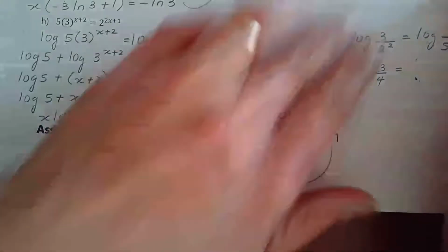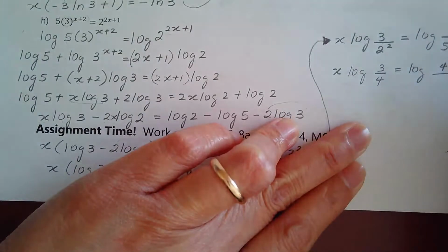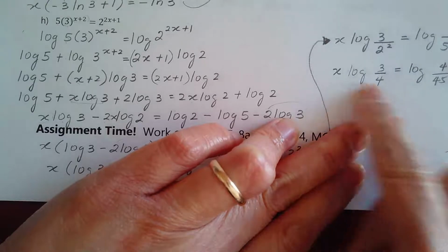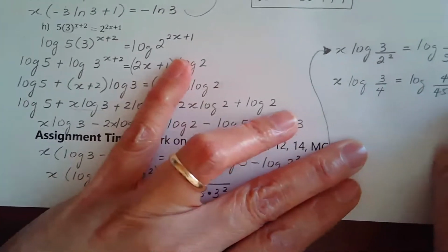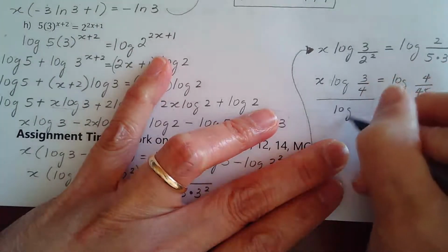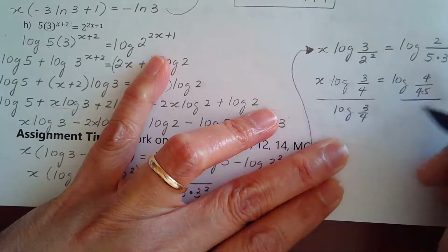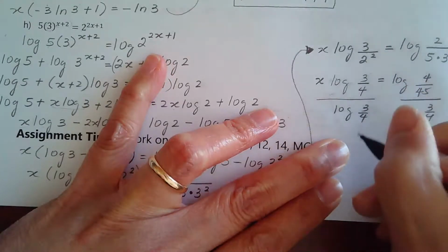3/4 equals log of 4 over, that's going to be 45. So divide both sides by log of 3/4. Log of 3/4. So that cancels, that cancels.